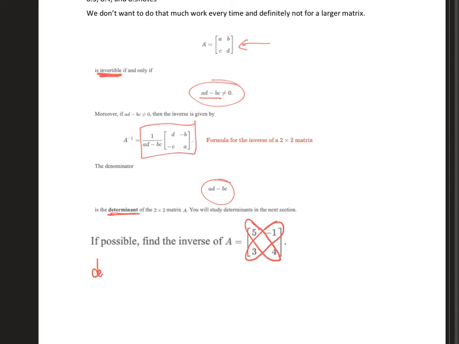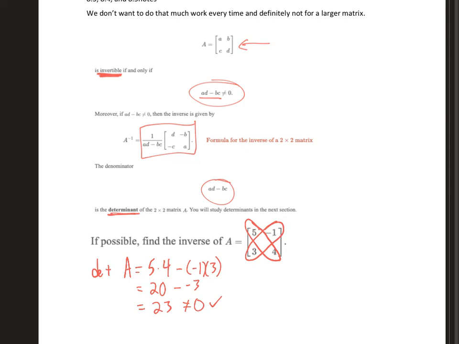The abbreviation for the determinant is DET, so that's 5 times 4 minus negative 1 times 3. So that's 20 minus negative 3, so the determinant is 23. That does not equal 0, that's a good thing. So that means we can find the inverse.